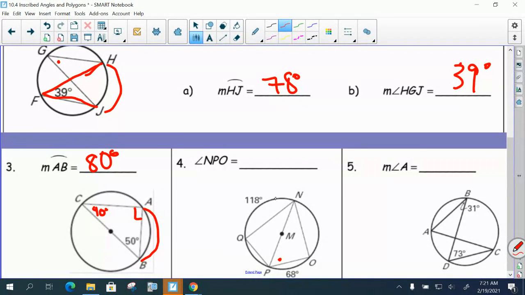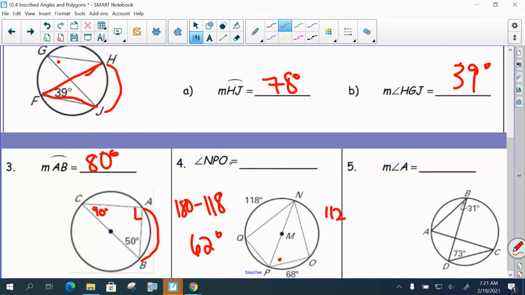But what we do know is that if we take 180 and subtract 118, we can get arc PQ. So 180 minus 118 would be 62. Okay, so if you assumed that they were the same, then you would have been off. So if that's 62, this arc would be 180 minus 68, which is 112.